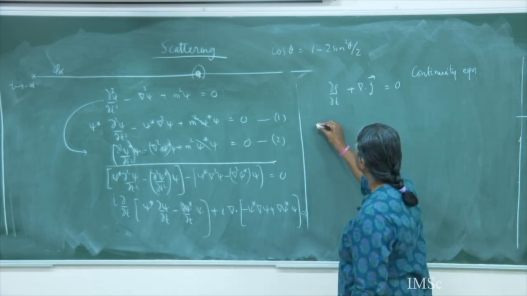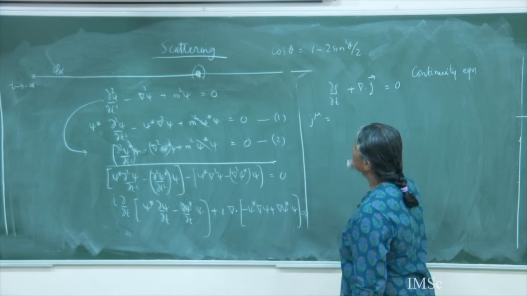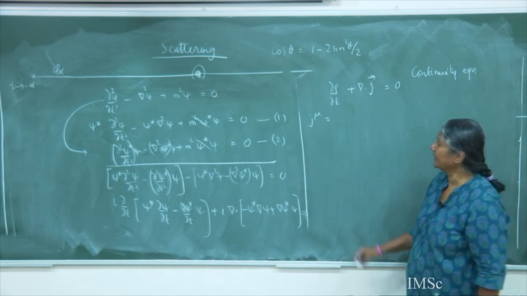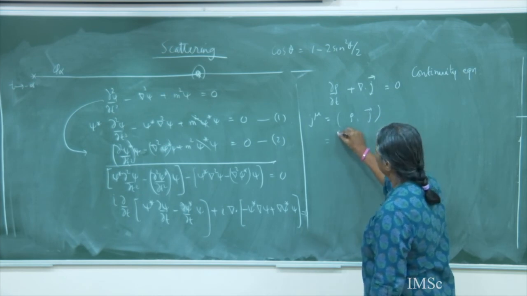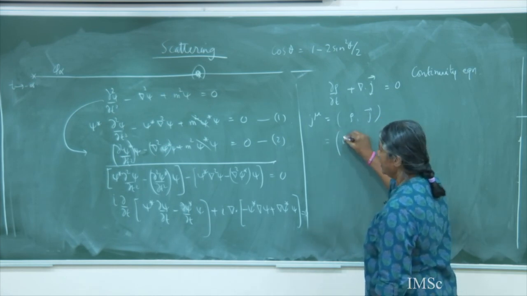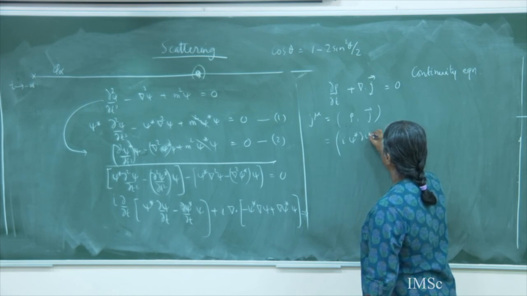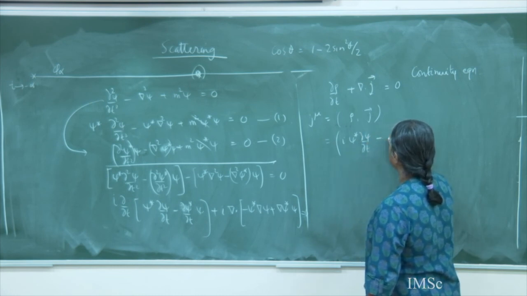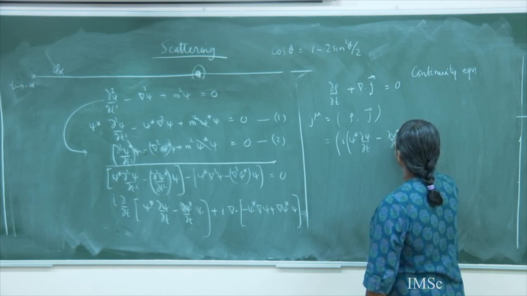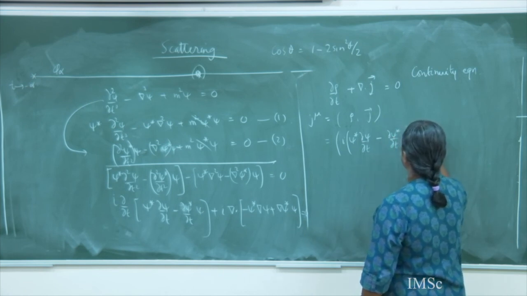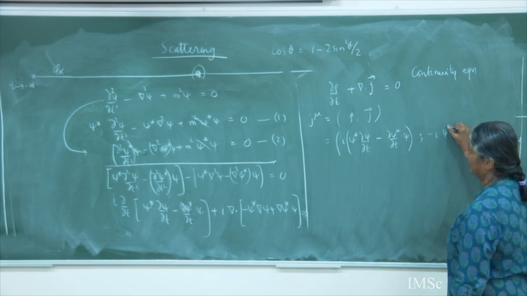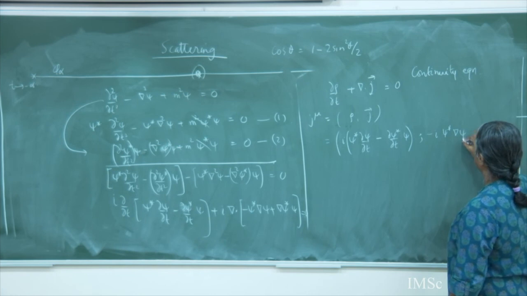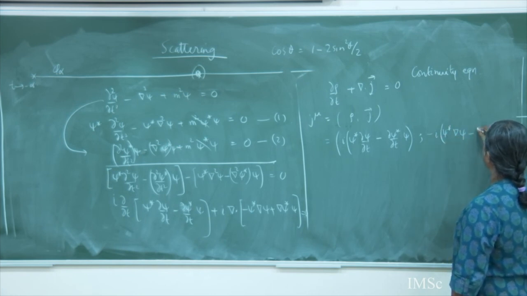But you can see that if I write this current in terms of a 4-vector current which contains rho and j, then rho is i psi star d psi by dt minus d psi star by dt psi, comma, minus i psi star del psi minus.